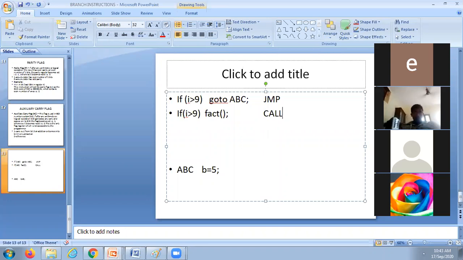That means if that condition is satisfied, fact is a subroutine we are calling, whereas here we go to that place, whatever is there in ABC, that you do it. That is the difference. Here go to some address, whereas here you are calling a subroutine. This is like a call statement. That is the difference between these two.